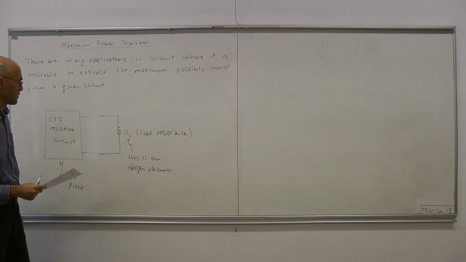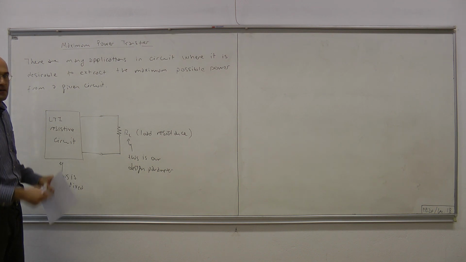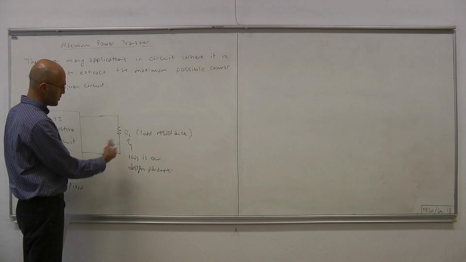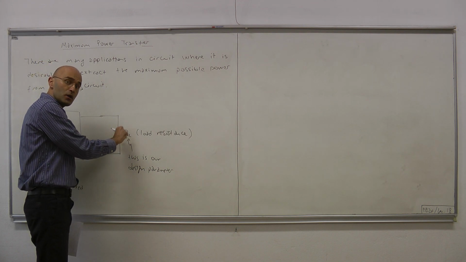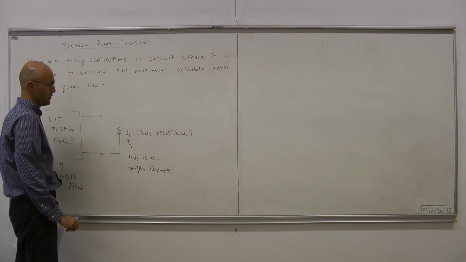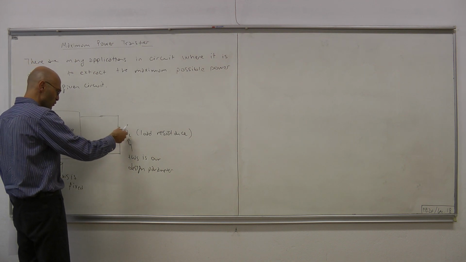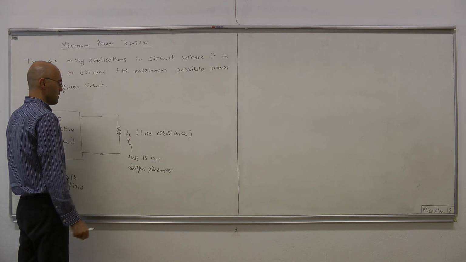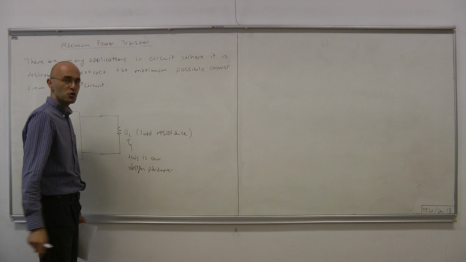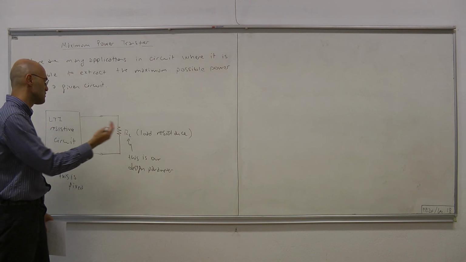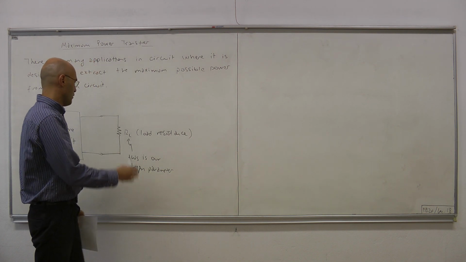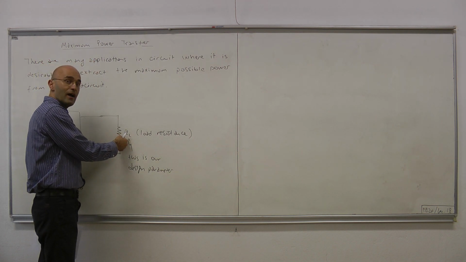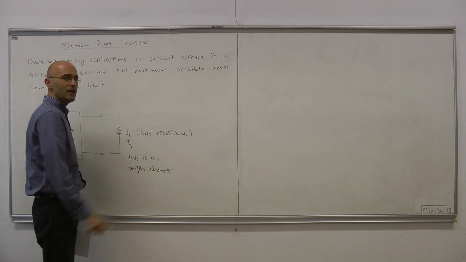The situation, as we just described, is the following. You want to play with RL, because that's the only thing that you can play with. You can choose the value of the resistance. For 3 ohm, you get some current over it. That current squared times RL gives you some power. For 17 ohm, you get another power. And for all possible values of RL, from 0 to infinity, you get some power.